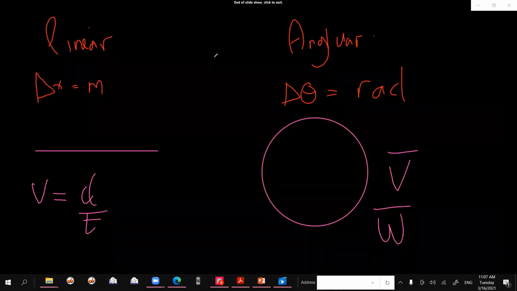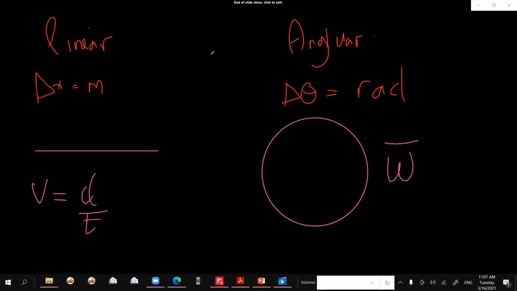So omega, the average angular velocity, is equal to the angular displacement, delta theta, over the average time.